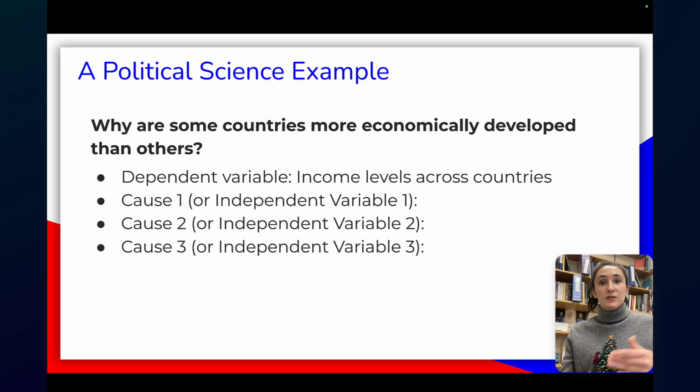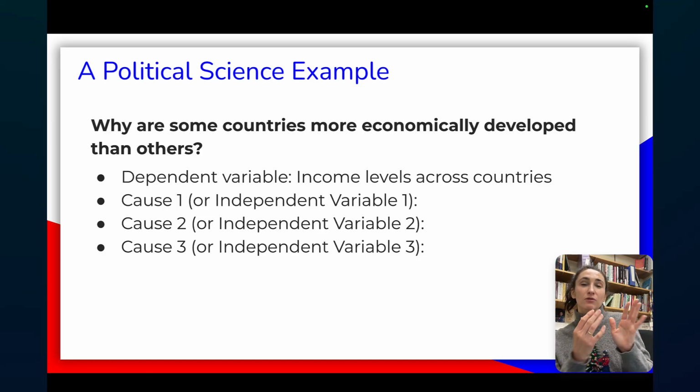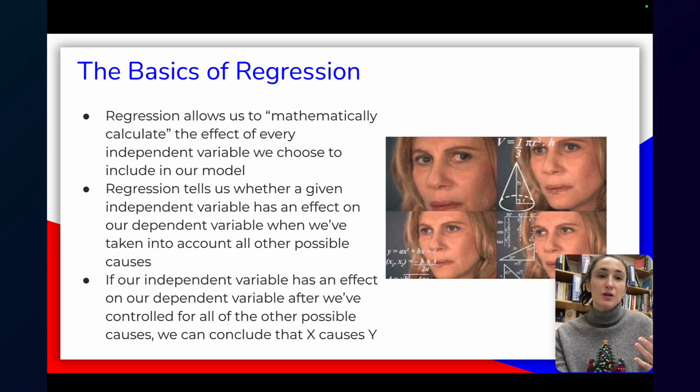In any case, I've just listed like 5 potential reasons for income to vary across countries. And when you think of it that way, if there are multiple causes, then how are you controlling for those multiple causes? That's where regression comes in.